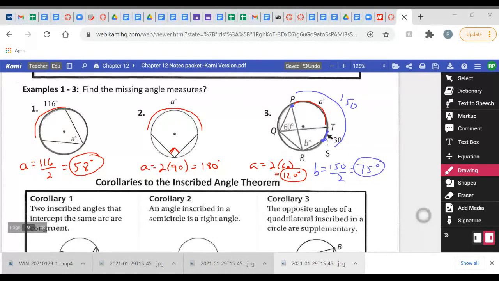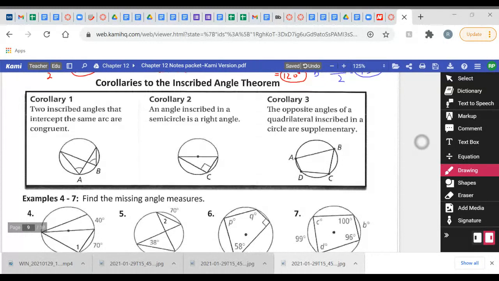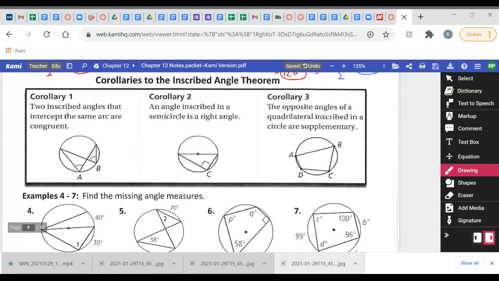Okay, so next up are some corollaries to the inscribed angle theorem. So corollary 1 says 2 inscribed angles that intercept the same arc are congruent. So these are things that should make sense based on what we just talked about.